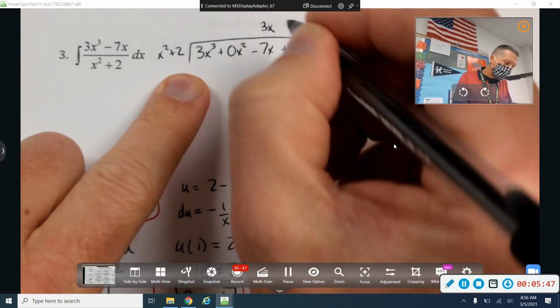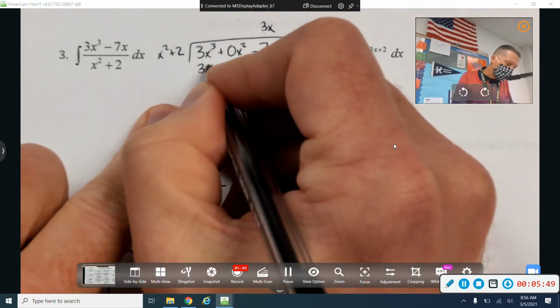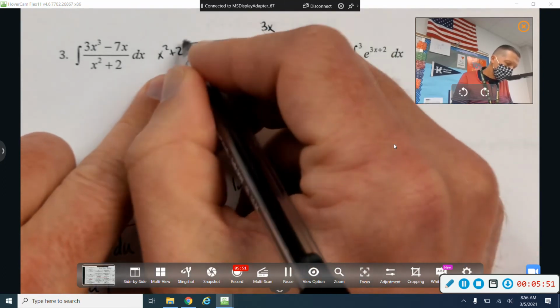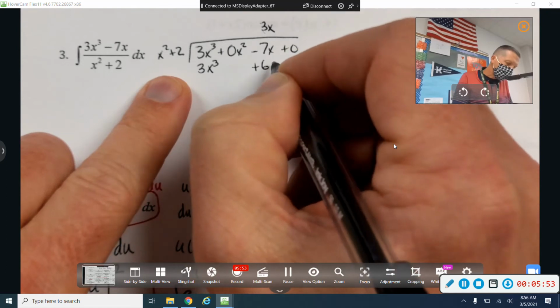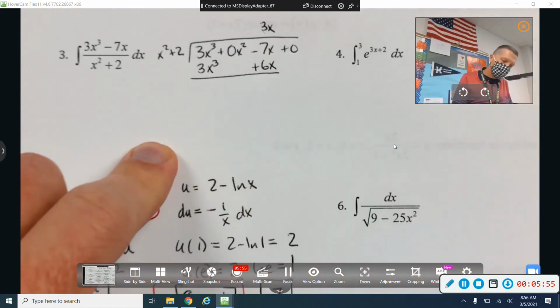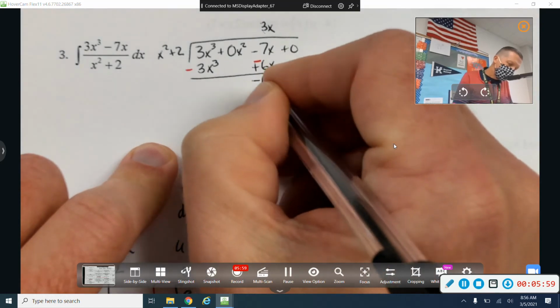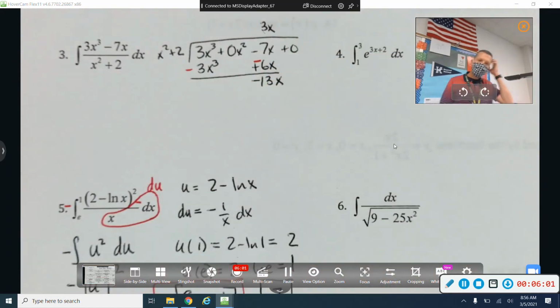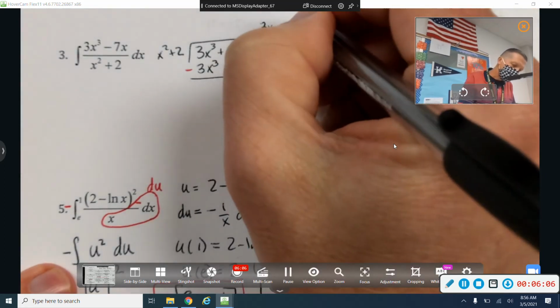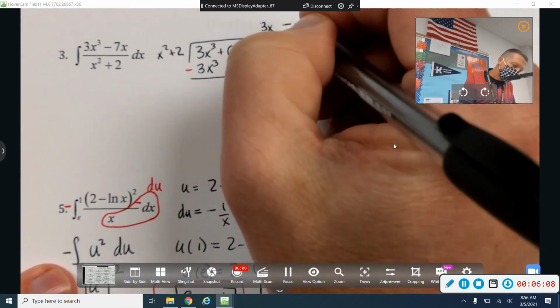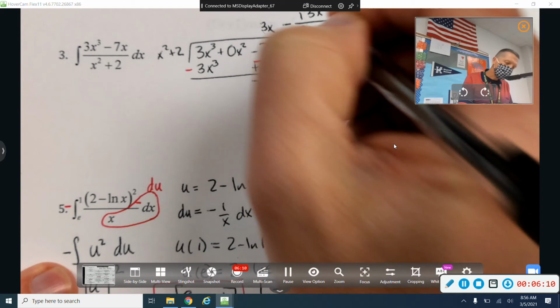Well, that'd be 3x. So 3x cubed plus 6x. Change the signs. Negative 13x. So minus 13x over x squared plus 2.